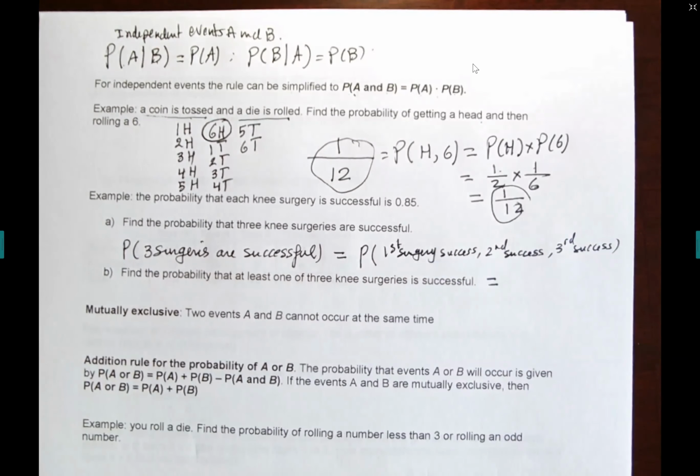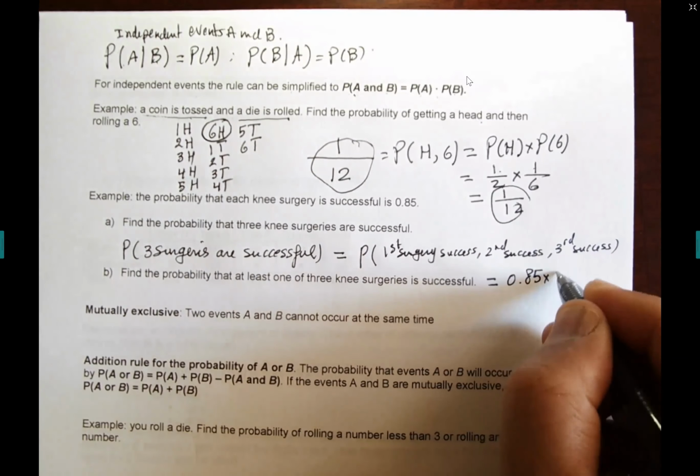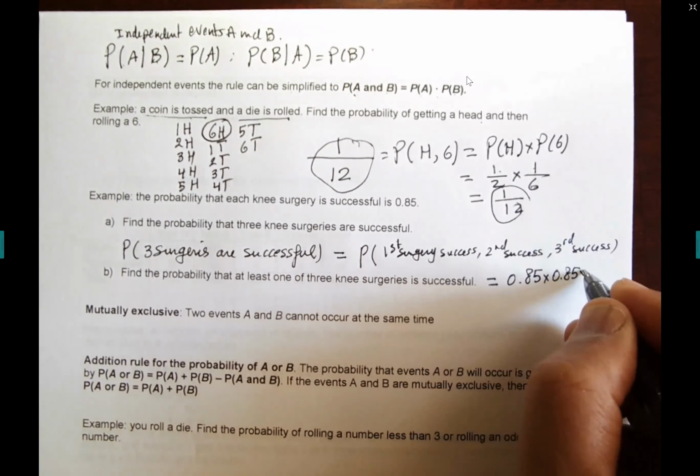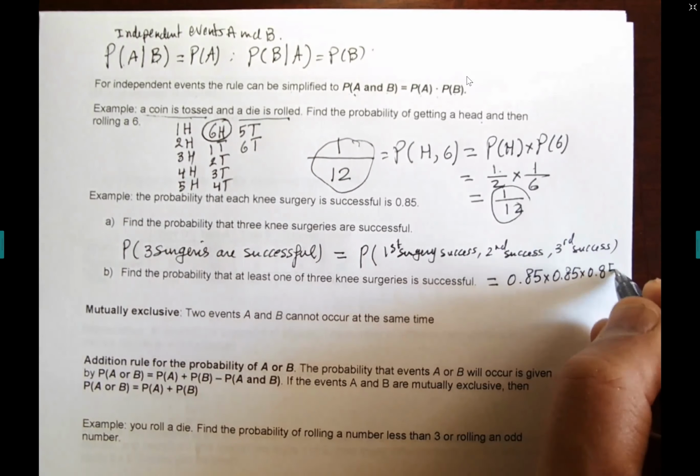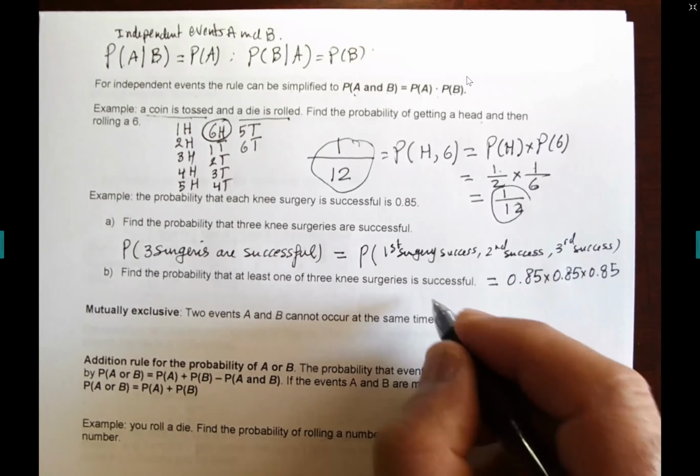Any input, guys? Yes, I got it: it's 85% for the first surgery, 85% for the second surgery, 85% for the third surgery. They are independent events, just multiply them, guys.